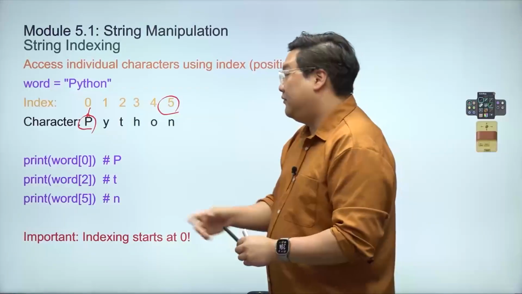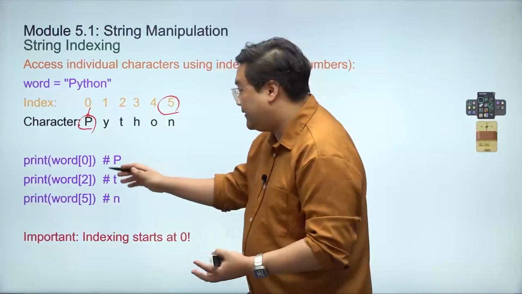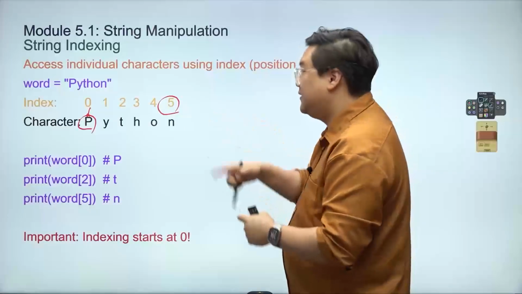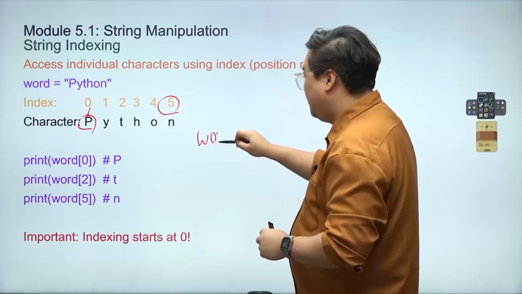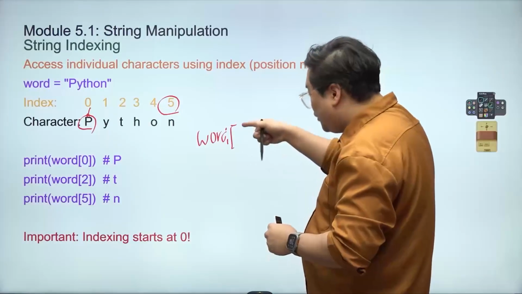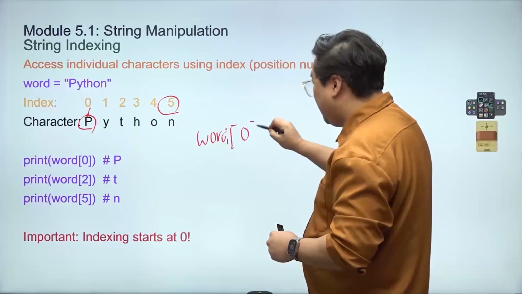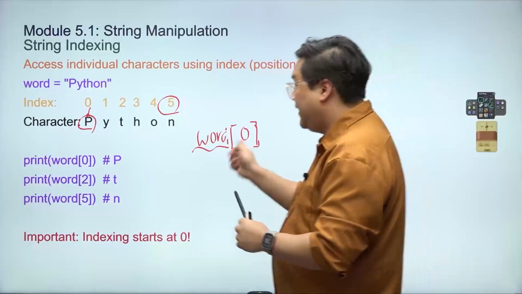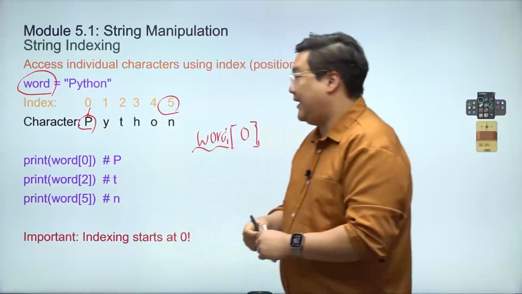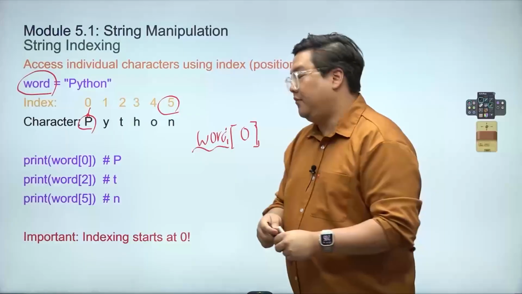If we print, we access the element at that specific index with word[0]. Here, word is the name of the variable that stores that string.